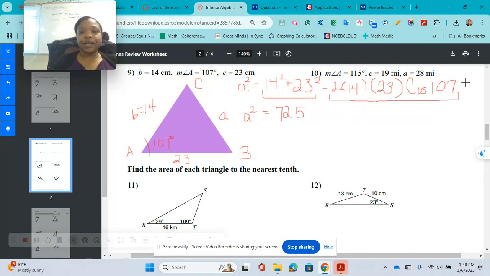And I'm going to plug this whole thing into the calculator together: the negative 2 times 14 times 23 times the cosine of 107. And I have positive, so I put the plus, 188.287.